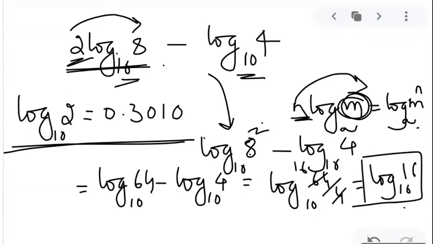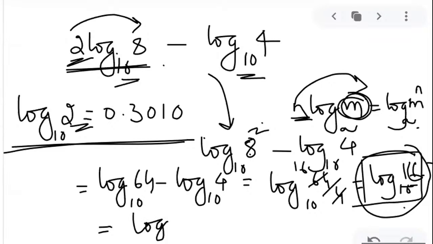Now, log 16 base 10, I want in terms of 2. So what can 16 be written as? 2 to the power 4. So log 2 power 4 base 10 is equal to, again the same formula, you're doing it in reverse now.